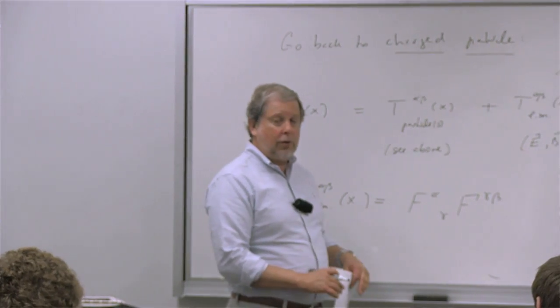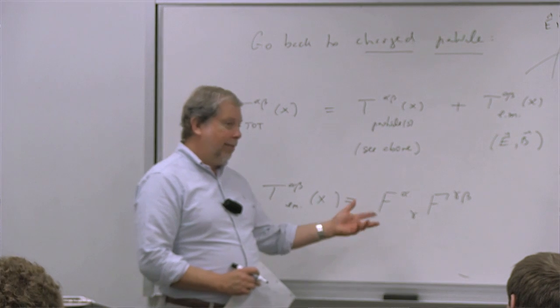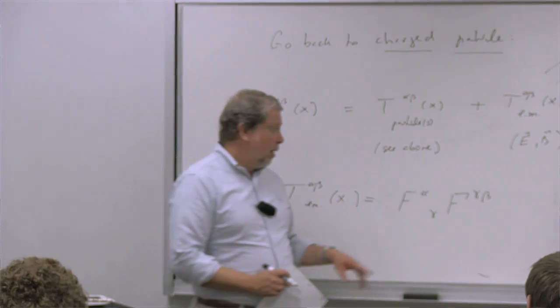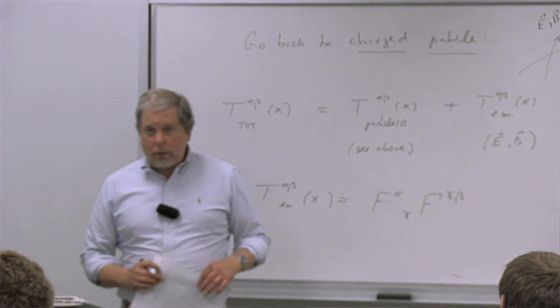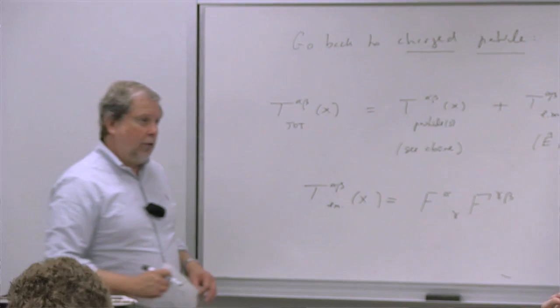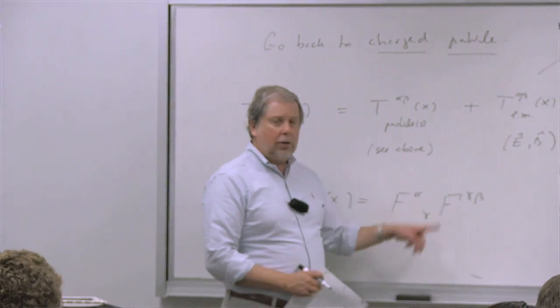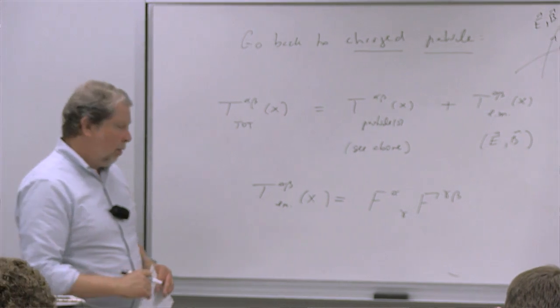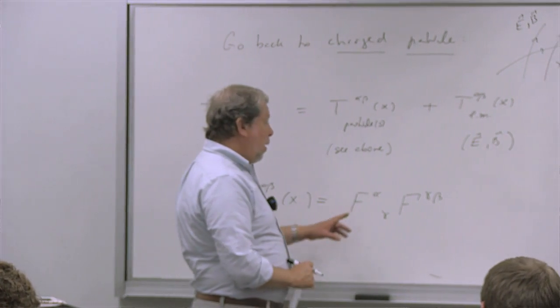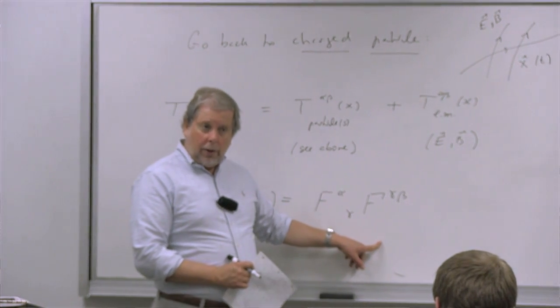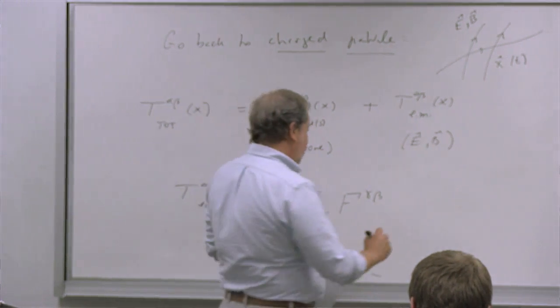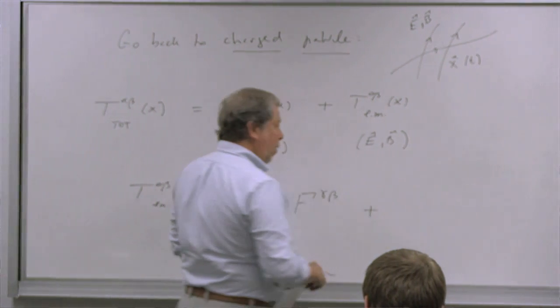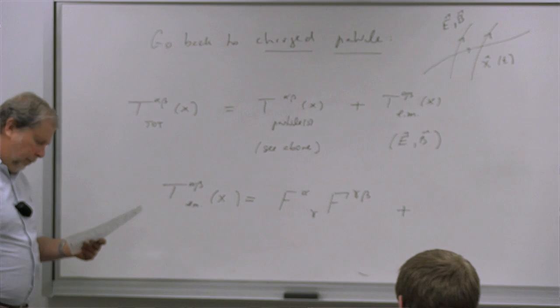In fact, it is symmetric in alpha and beta because the two Fs enter symmetrically. You start with four indices, but the four indices can be reduced by doing some sort of dot product, a contraction. Well, it turns out that this is not the only thing that you can construct, because you can do dot products in some other way.